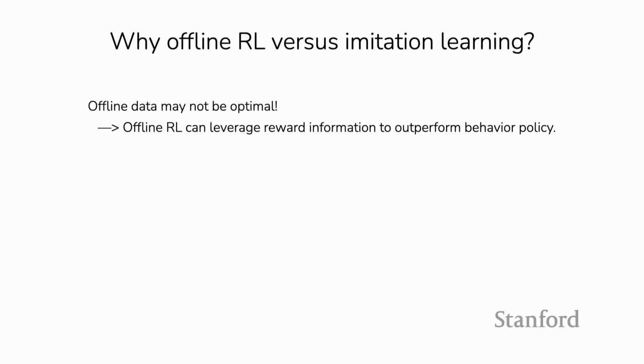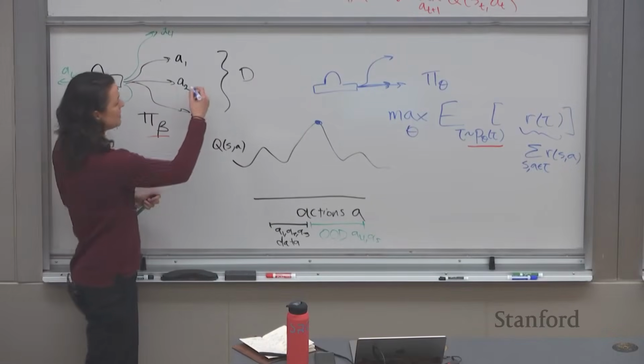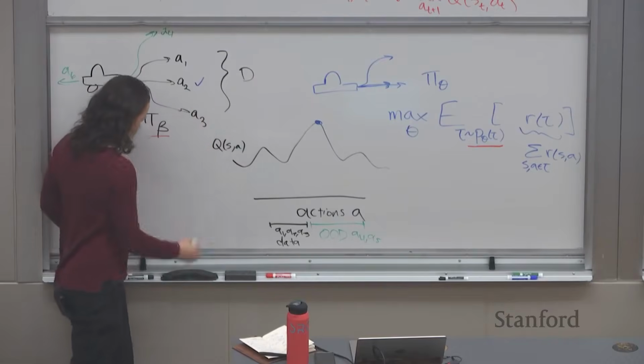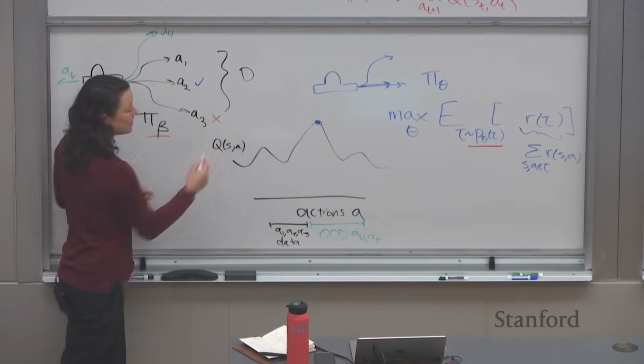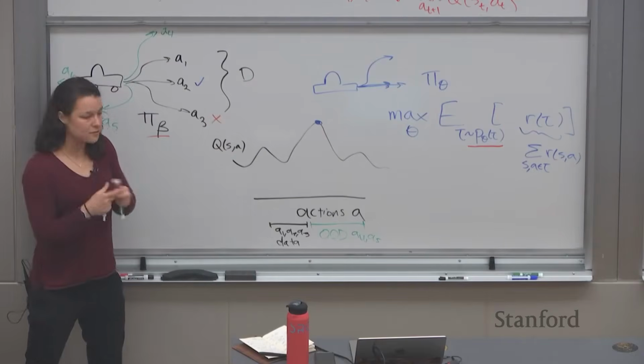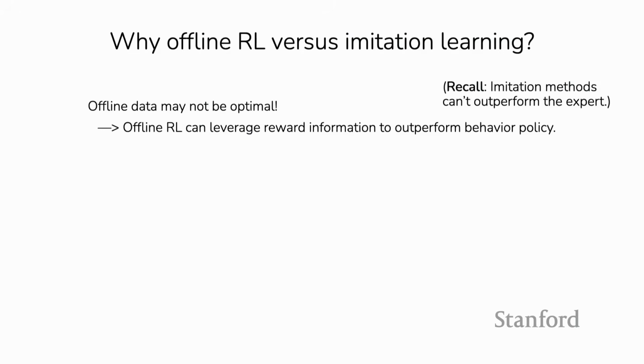By leveraging the fact that maybe you can go through your data set and say that this was a behavior that was good, and maybe this was a behavior that was not as good. That reward information can allow you to get a better policy. And vanilla imitation learning can't outperform the expert or what's provided in the data.